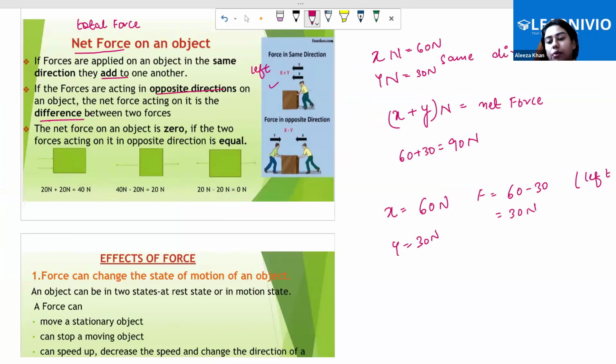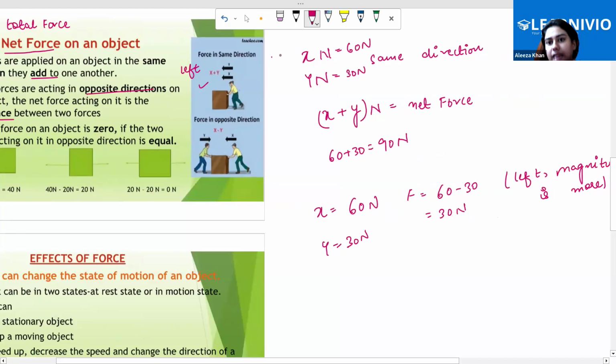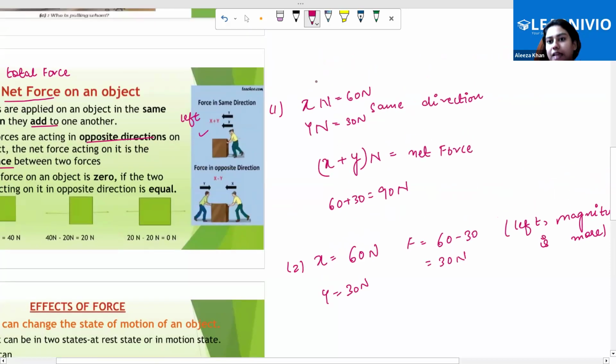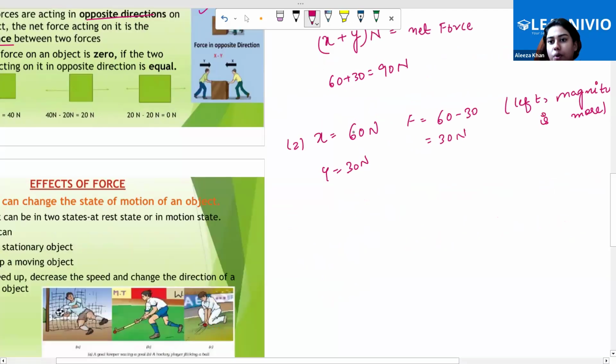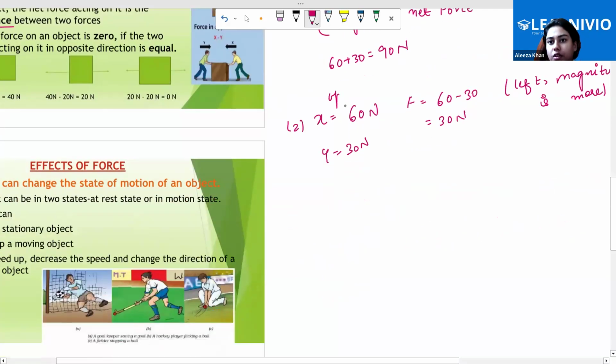Okay. Now, this was the first case, the case of same direction. This is the second case, the case of opposite direction. Got it?